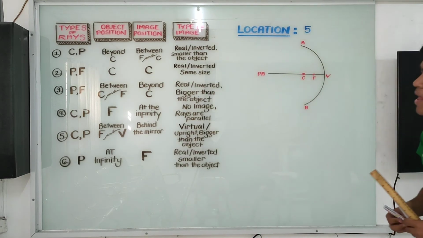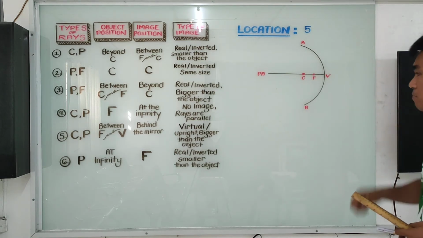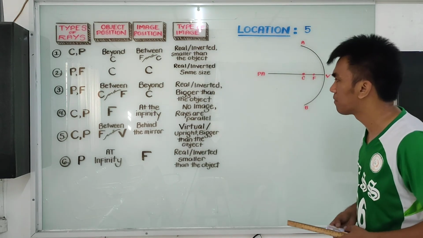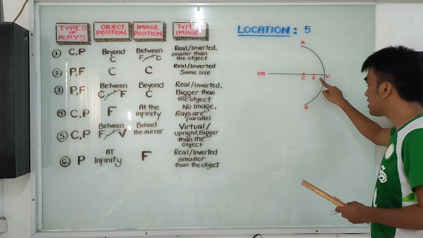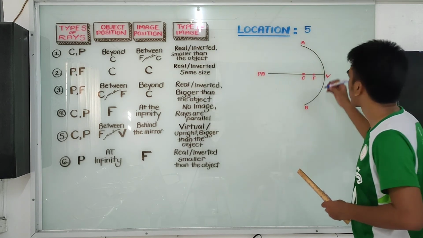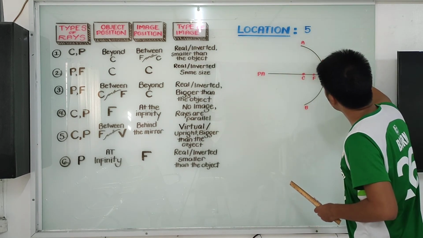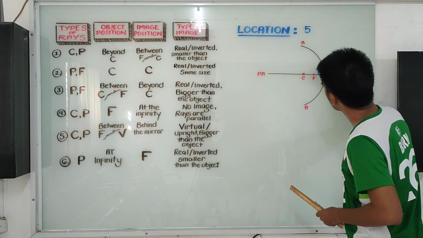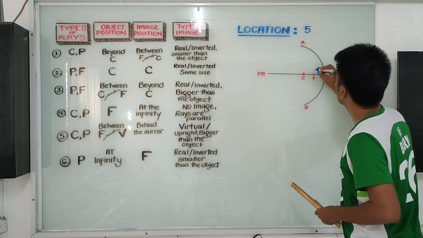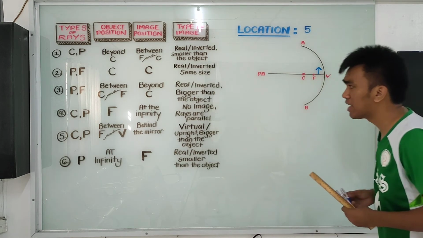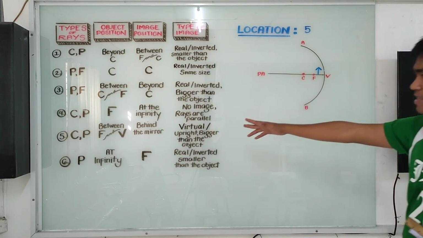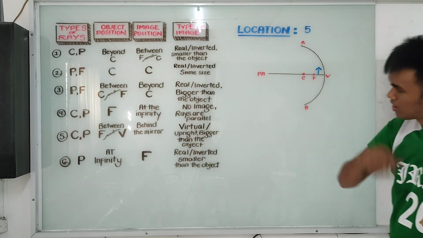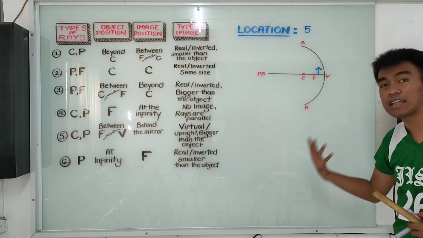So here, the position of the object is between F and V. What will happen now? It says here that the image will be formed behind the mirror.